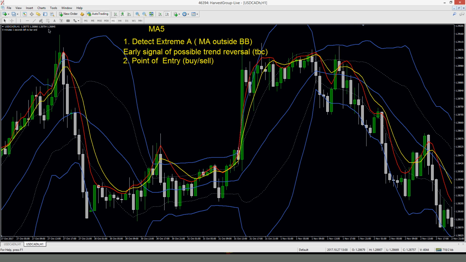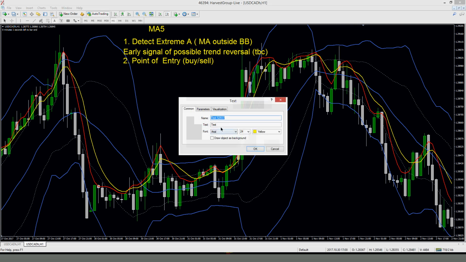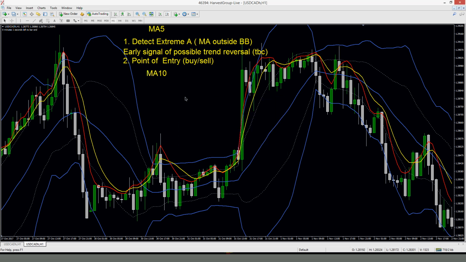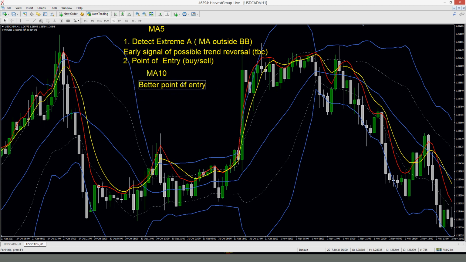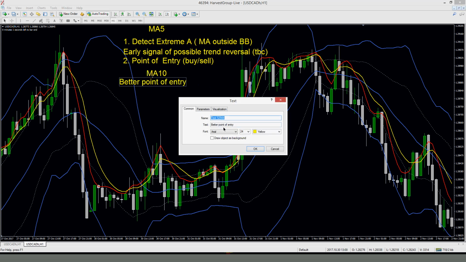Okay, so obviously MA10, there's only one function for MA10, which is for a better point of entry. Okay, so it's a much stronger, much more valid entry.